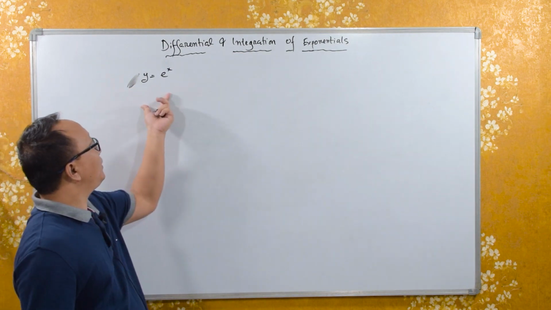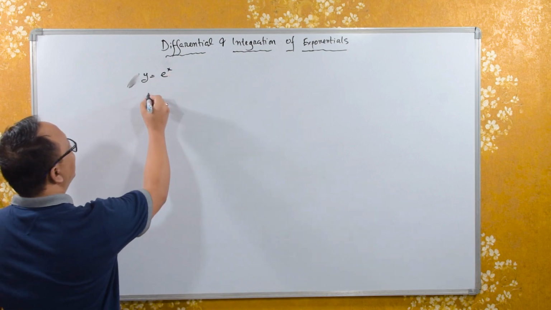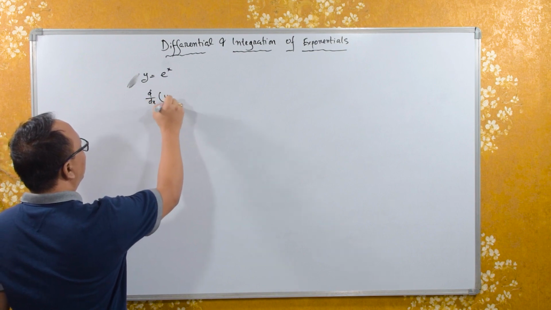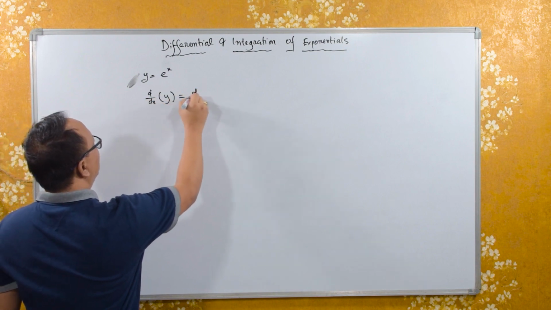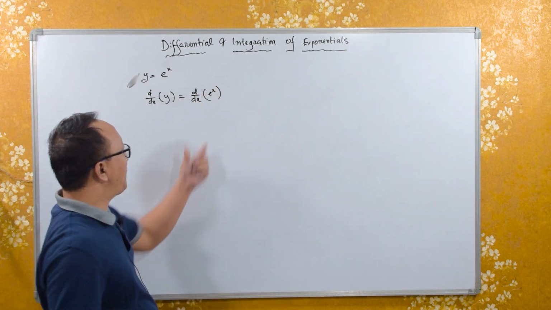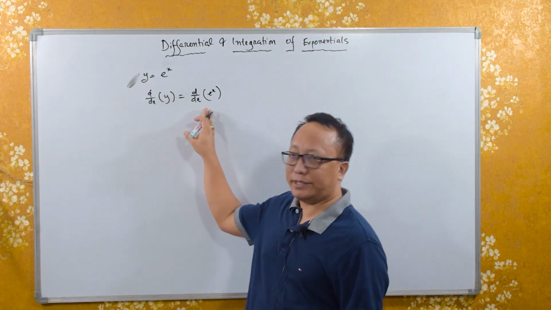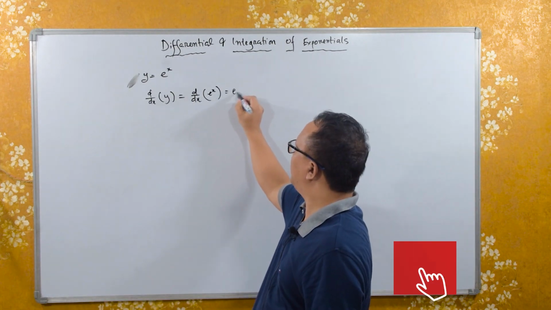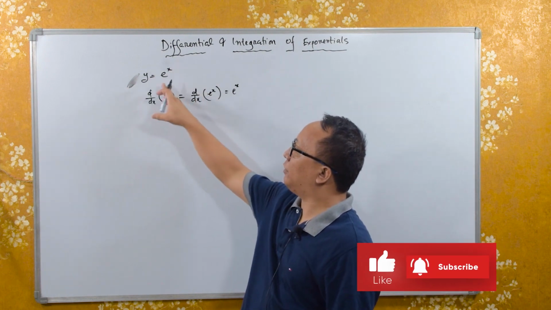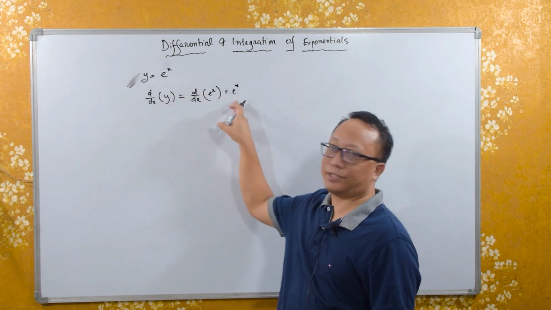Now, if I want to differentiate this with respect to x, then this will be d by dx of y equals d by dx of e raised to x. Now here d by dx of e raised to x is the same as e raised to x. Therefore, differentiation of e raised to x is e raised to x. So there is no change at all.